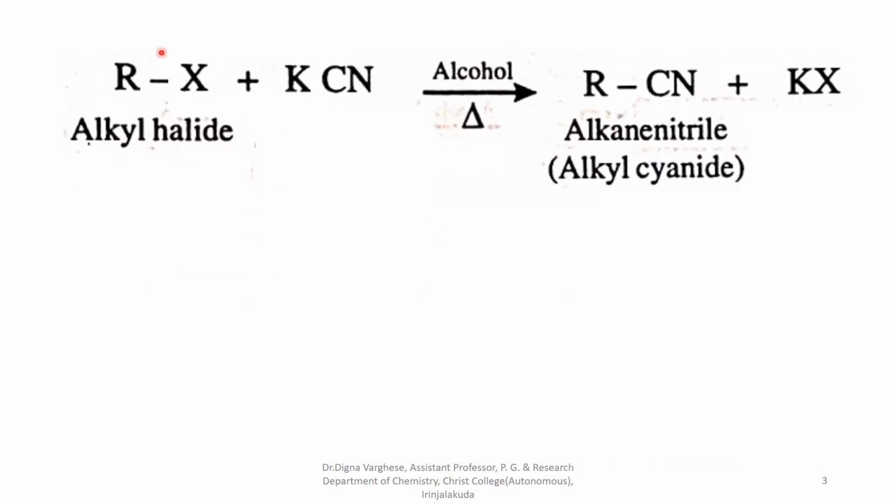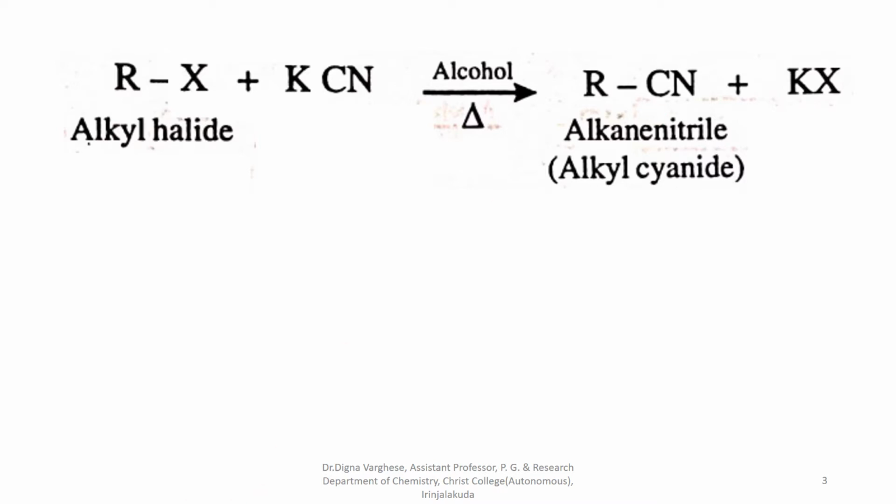Here you can see when an alkyl halide reacts with alcoholic potassium cyanide on heating, it will give alkane nitrile or alkyl cyanide and potassium halide.